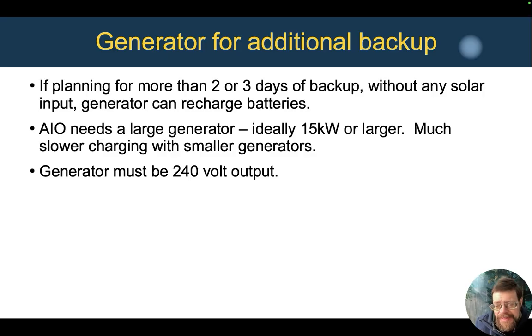But in a lot of cases, we may have say 10 kilowatts of peak loads on backup, but most of the time it's only 1 kilowatt of load. A generator is not very efficient when it's running at 10% of its rated power.